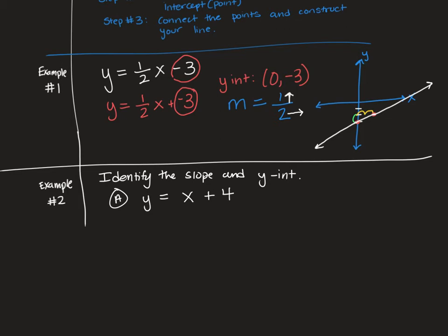All I want you to do is to identify the slope and identify the y-intercept. And then in this second equation, I want you to identify the slope and the y-intercept.